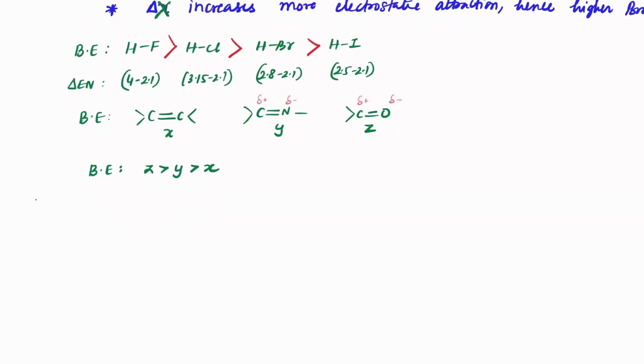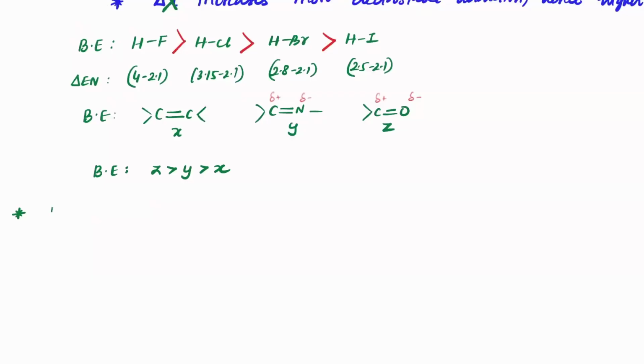Next point is, the more the percentage S character, the stronger the bond energy, as electronegativity increases.